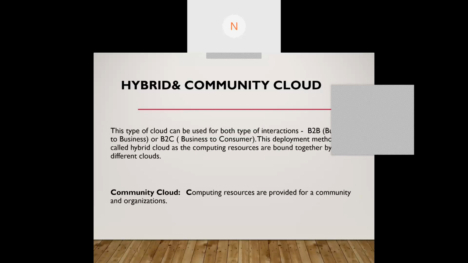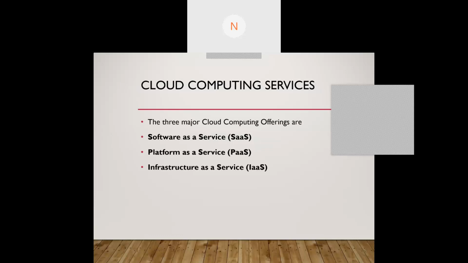How community cloud is very useful is where one particular industry together will share this particular cloud. So on an industry basis, it will be very useful for the industries, like IT industries together might form a single cloud for their usage, or telecommunication for their usage. So that's why community cloud is very, very useful in the upcoming world.